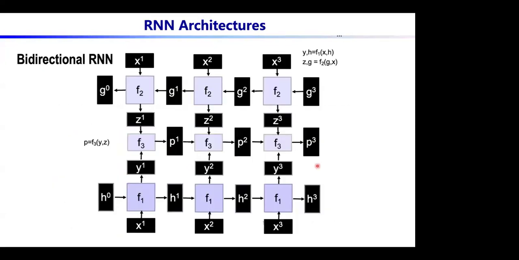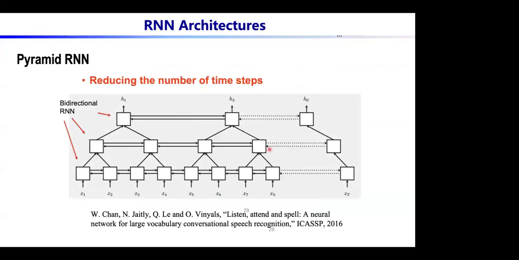You could make the information not only go from left to right, but also from right to left. Why not? That means the information doesn't have to be only in one direction. You can make it in the opposite direction. You can also make it bidirectional.